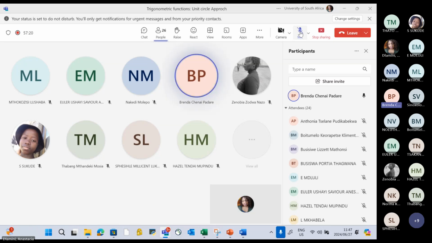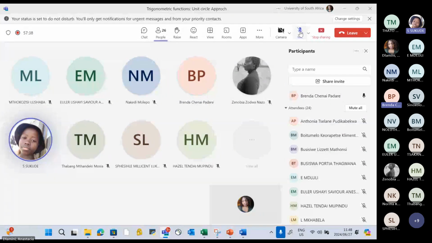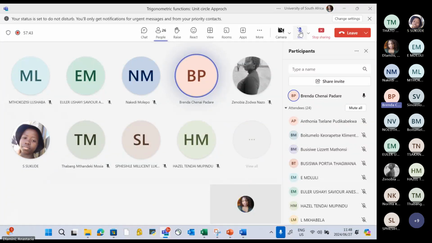Guys, while you're still waiting, can you try to convert angles to radians? We multiply it by pi over 180 to convert it into radians.